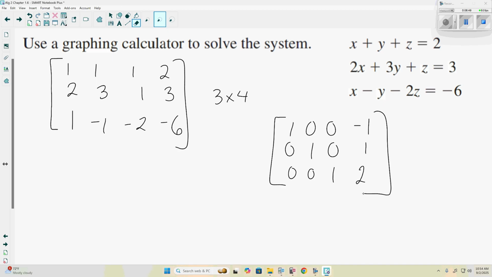This was the final matrix we were looking at, yes? Now, the first column we plugged in as our x's, the second was y, z equals number, yes?